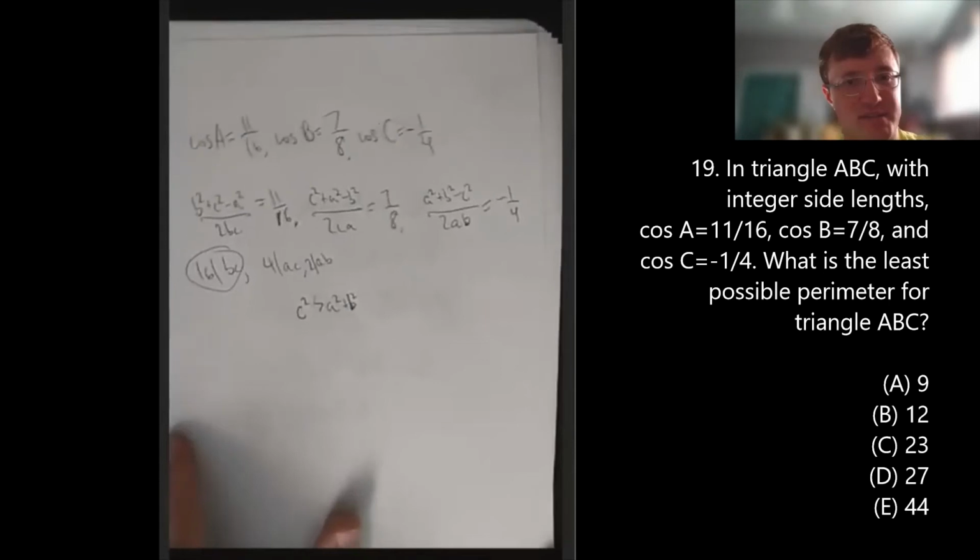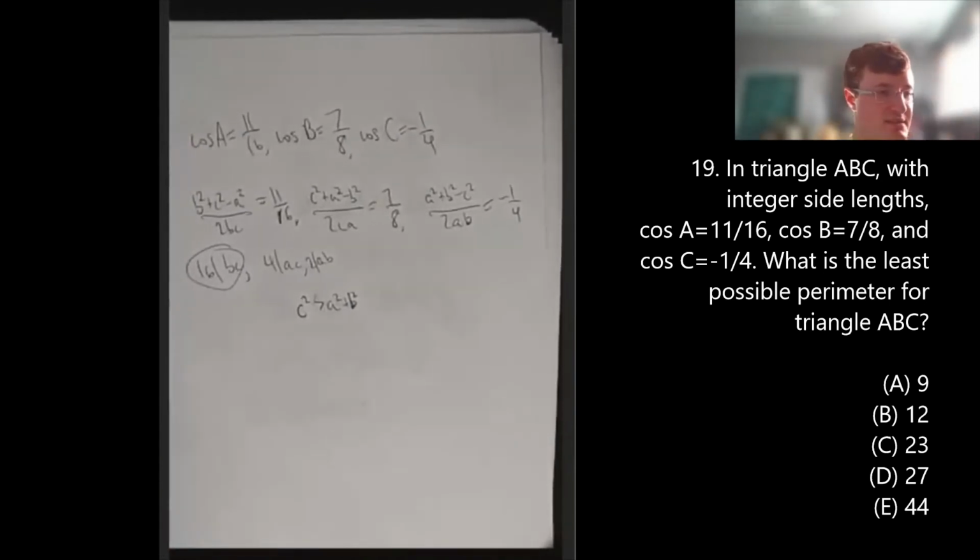What's an obtuse angle at C? Cosine B is pretty close to 1. So that means that the angle at B is pretty small. So B should be small.